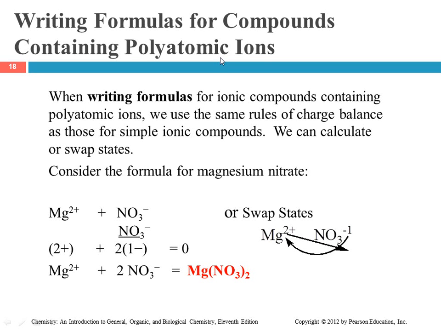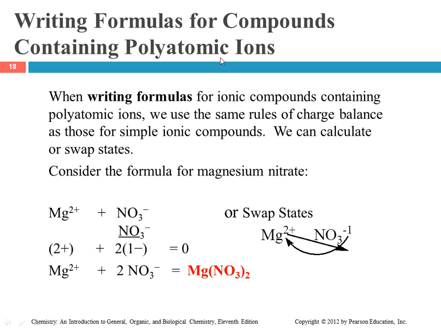We're going to first look at writing the formulas. As I said earlier, for writing the formulas for all of our ionic compounds, we can do our swapping of the ionic charges here. We use the same rules. The biggest thing is that you have to recognize that it is a polyatomic ion.